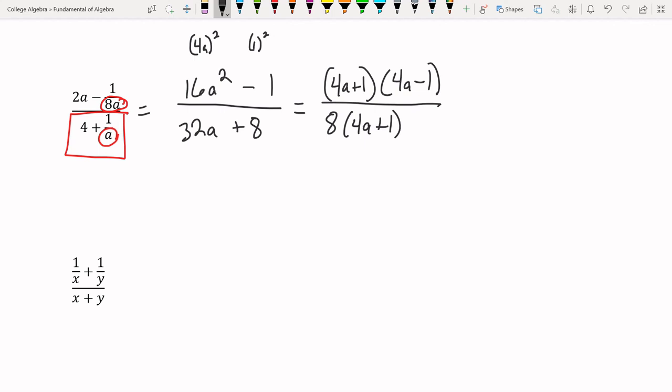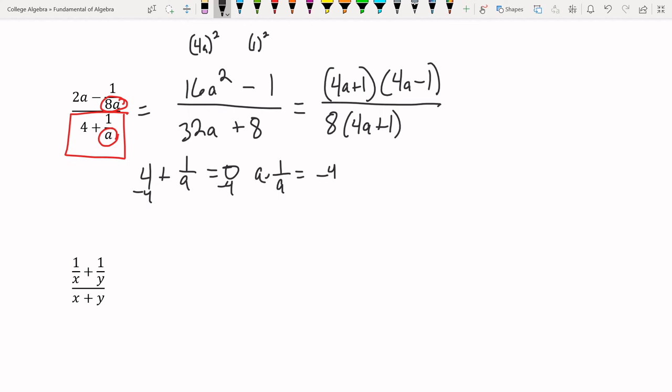Of course, the two circled ones, those are going to be a equal to 0. Both of them have that stipulation where a equals 0, we have a denominator equal to 0. But the 4 plus 1 over a, that's a little bit different. What you can do is just solve for a when you set it equal to 0. Subtract 4. 1 over a equals negative 4.